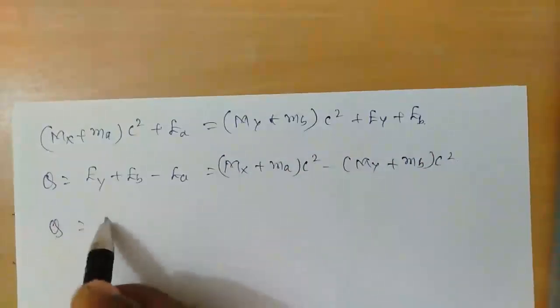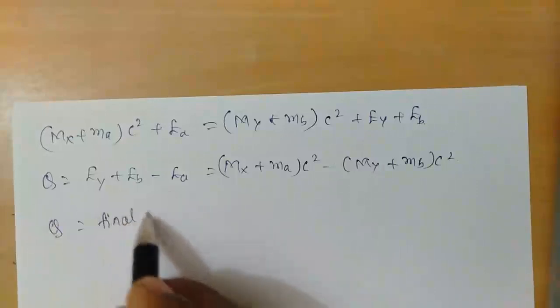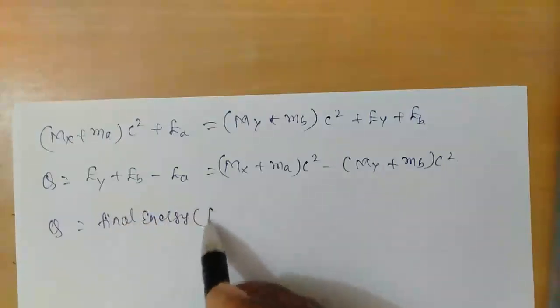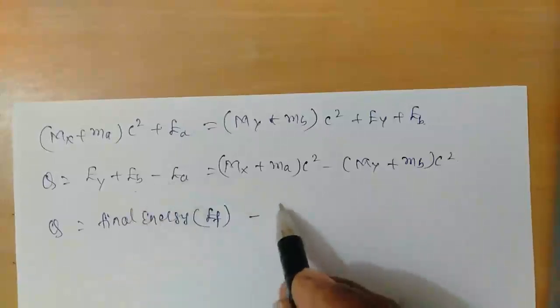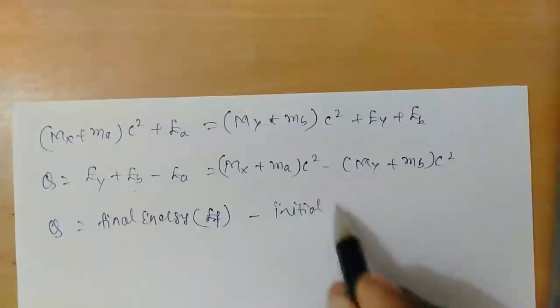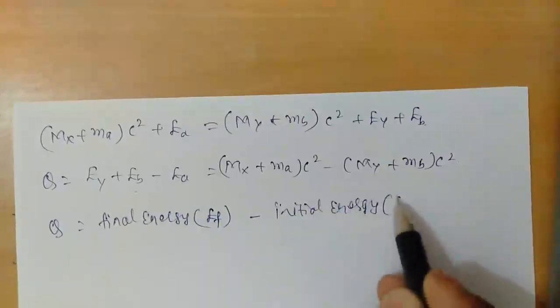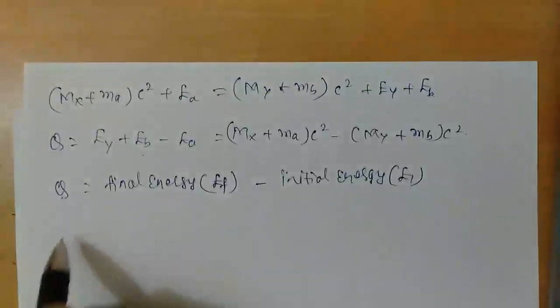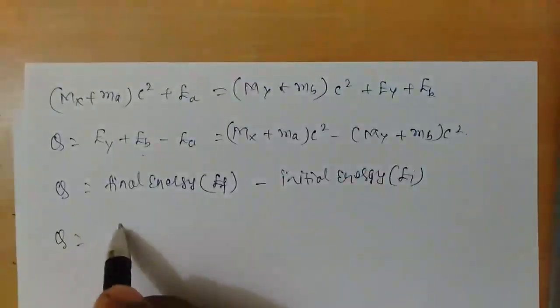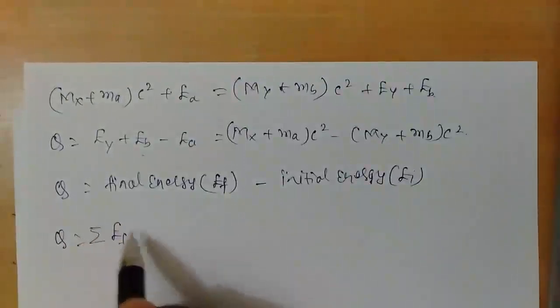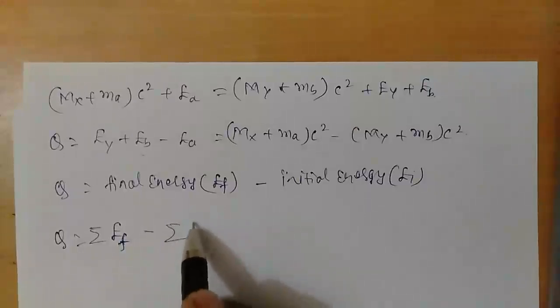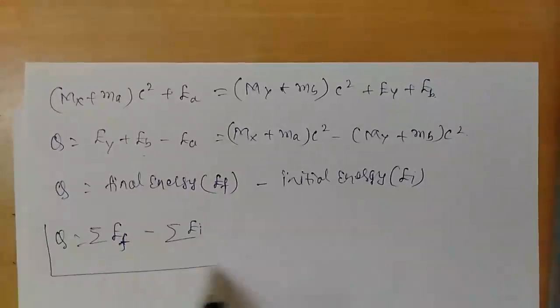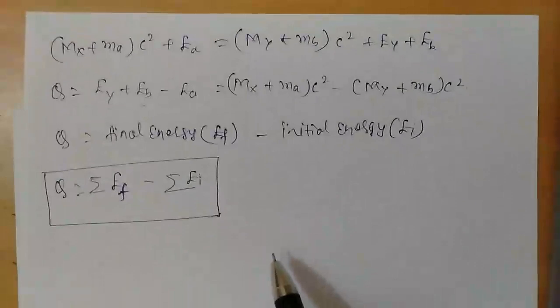So Q can be written as the final energy Ef minus the initial energy Ei. Q is equal to the sum of all the final energies minus the sum of all the initial energies, and this is the Q value of the reaction.